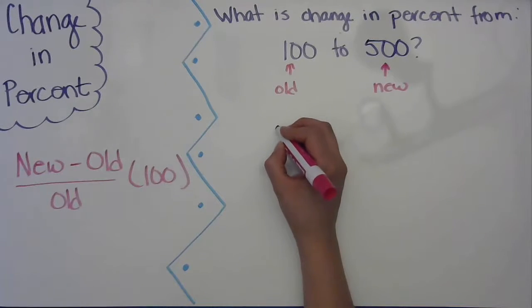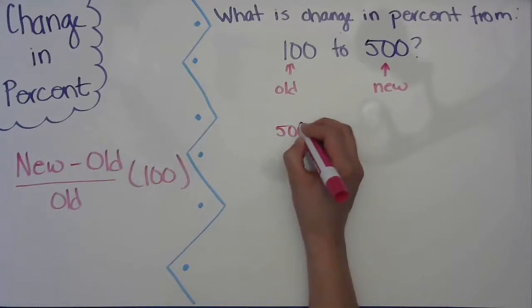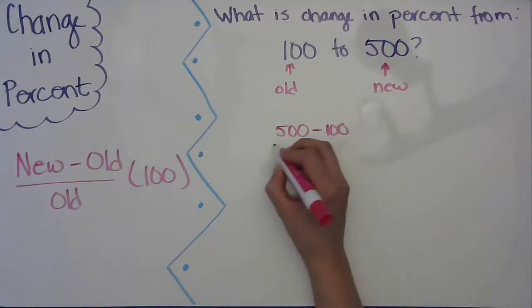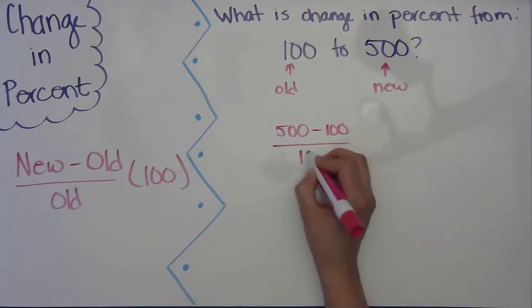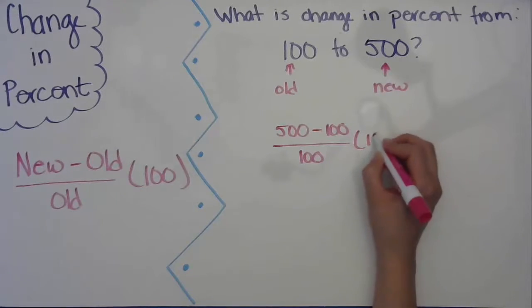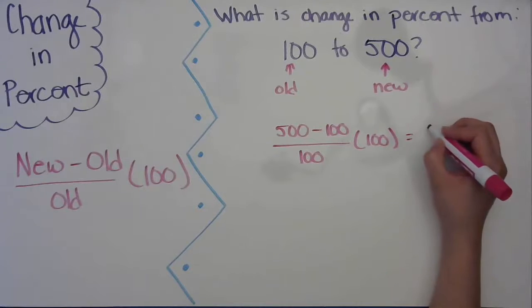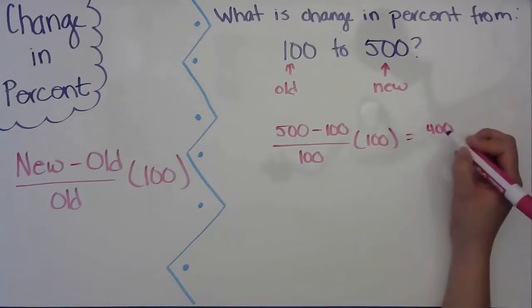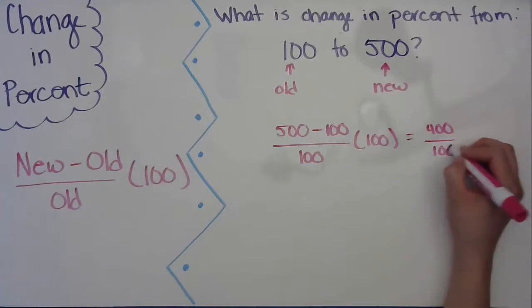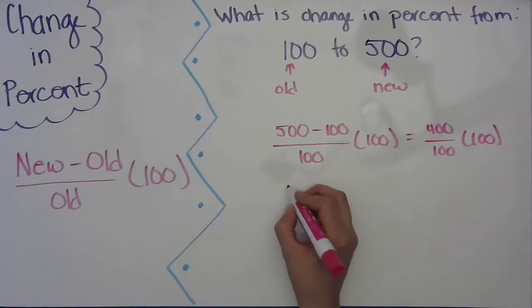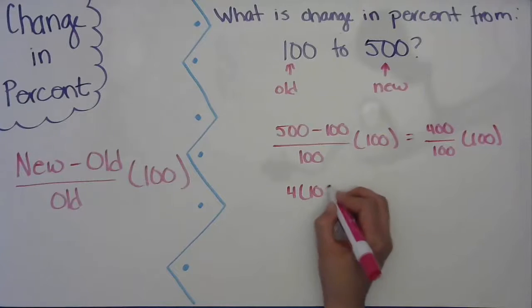So we have our new value of 500 minus our old value of 100, divided by our old value of 100, and we're going to multiply all of that by 100. So 500 minus 100, that's 400 over 100. 400 divided by 100 is 4, times 100.